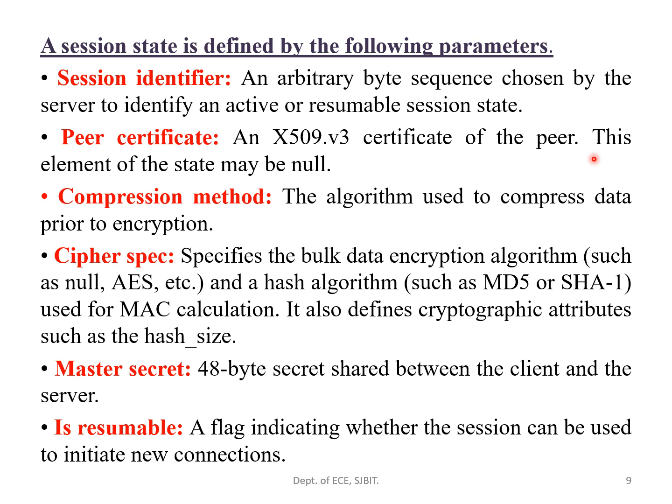Next, the compression method is the algorithm used to compress the data prior to the encryption. Next, the cipher spec specifies the bulk data encryption algorithm, such as null or the AES algorithm, where AES is Advanced Encryption Standard, and a hash algorithm.